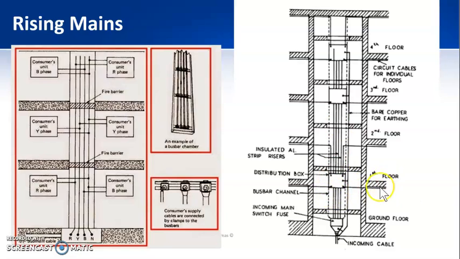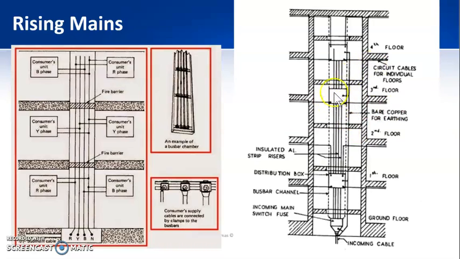So this is the first floor, second floor, third floor, fourth floor, like that. For the ground floor, supply is taken from here, first floor supply from here, second floor supply from here, and third floor supply from here.